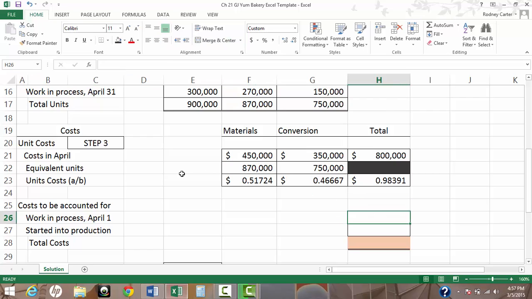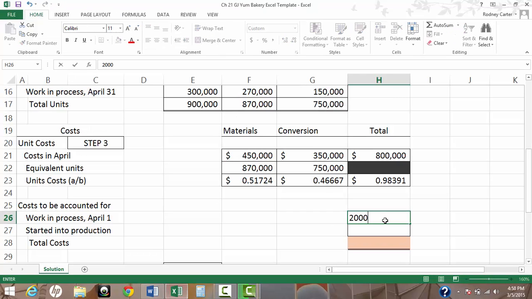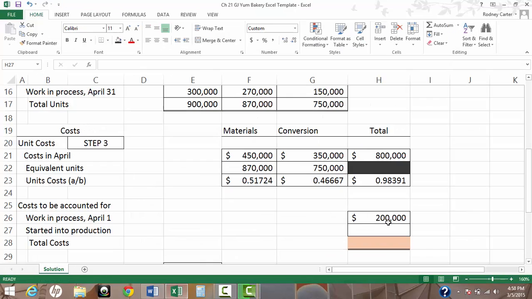So here, this is just a quick reconciliation of our dollars. You can notice that our WIP, we started with $200,000. And we started into production $600,000 for a total of $800,000.